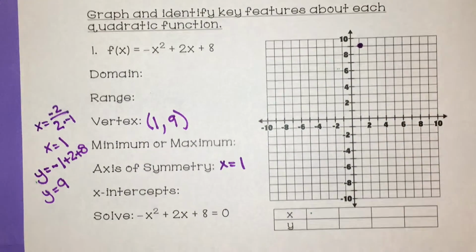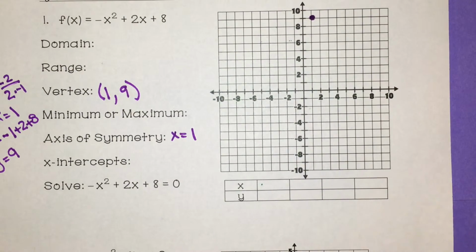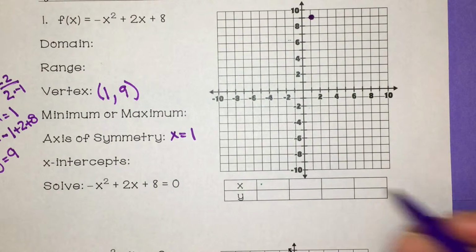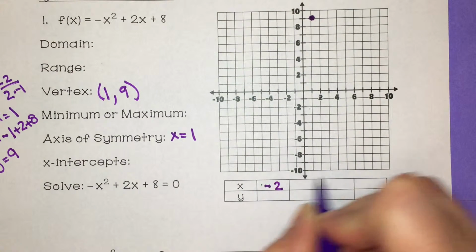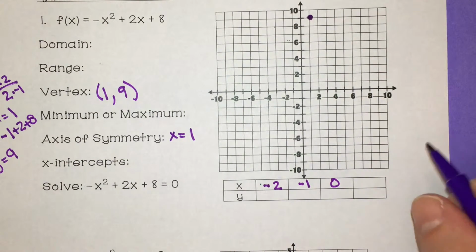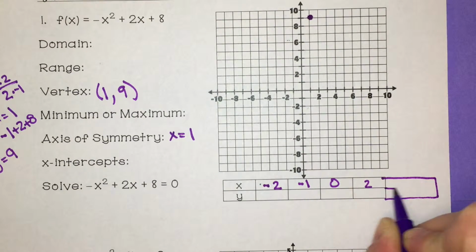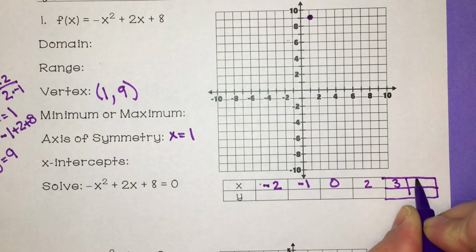And now I'm going to plug in some x values. I know I need to do -2, -1, 0, 2. I'm going to extend this out because I know already that I have to extend it out, 3 and 4.